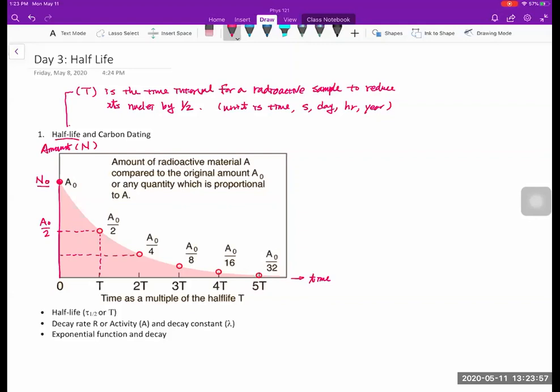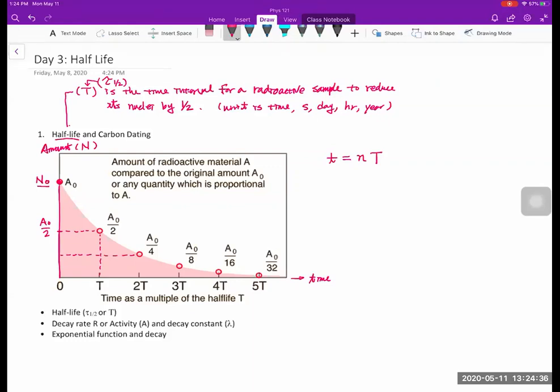Based on this idea, we can come up with a way. If you give me how many half-lives, let's say t is the time, and I can represent the time as some number times my half-life. By the way, in the book they use a different symbol, tau 1/2, which is the same as my T over here. This is the half-life symbol they use in the book.